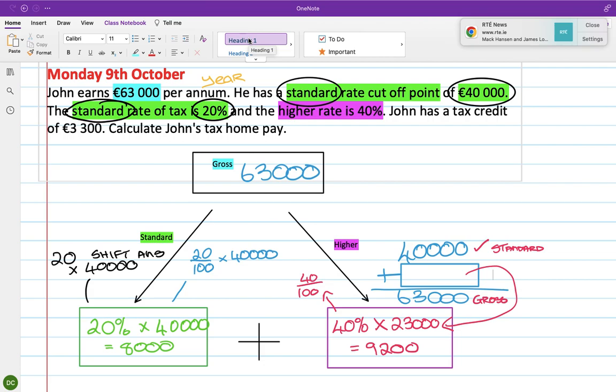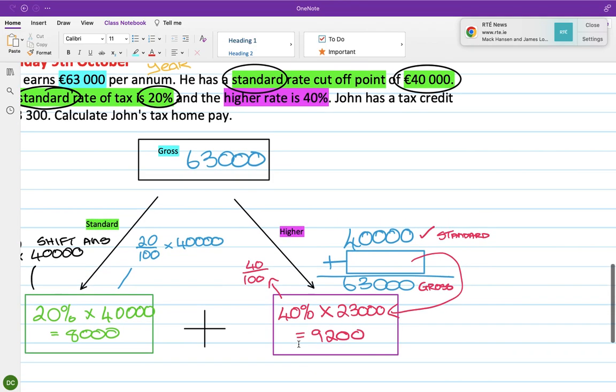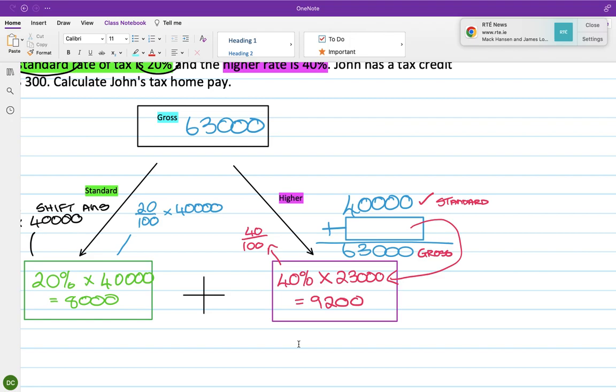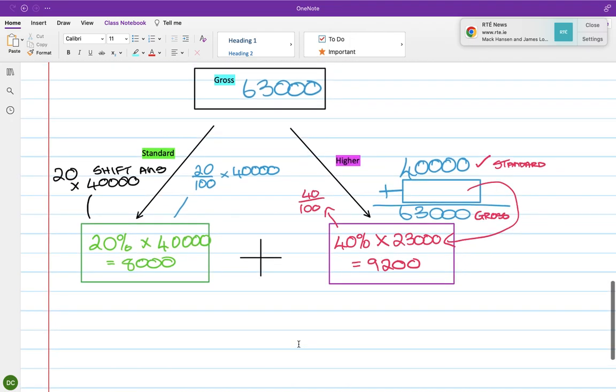So how much at the standard rate, how much in total, get the difference. Are we okay? Right, now I have it written here. What do we do next? There's a big plus there in the middle because I want you to add them together.